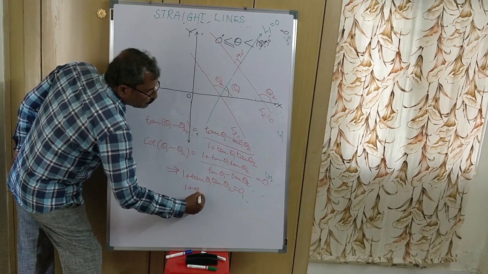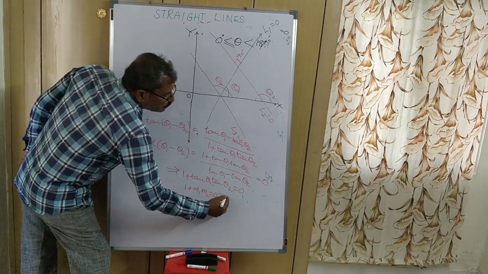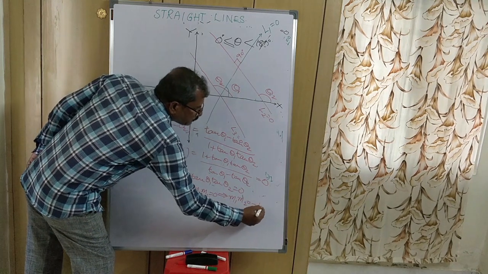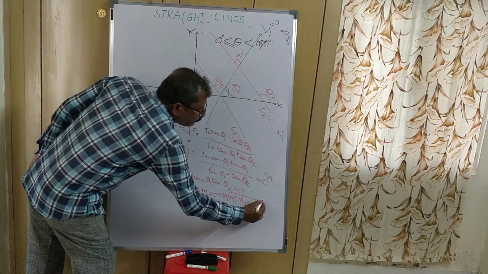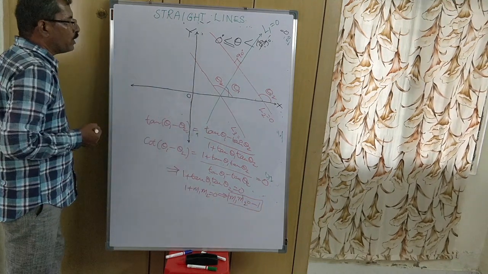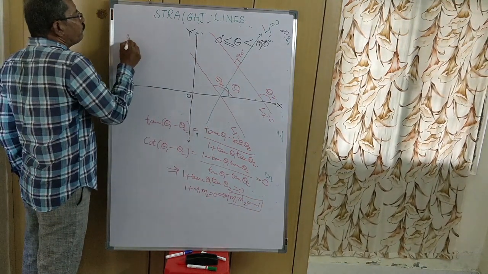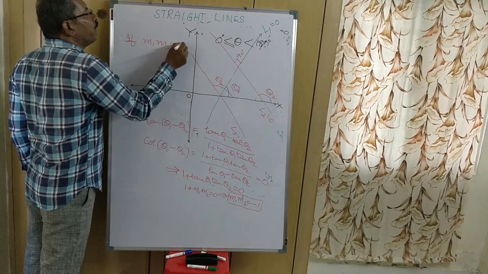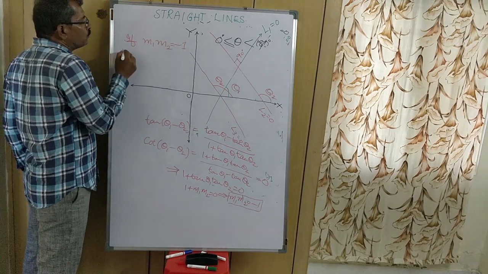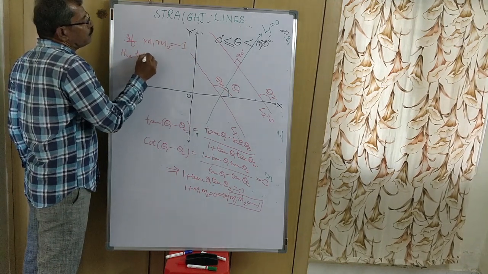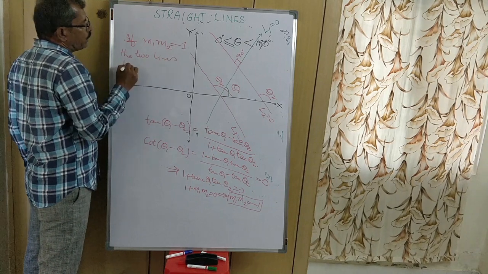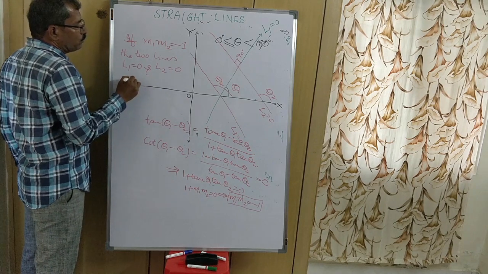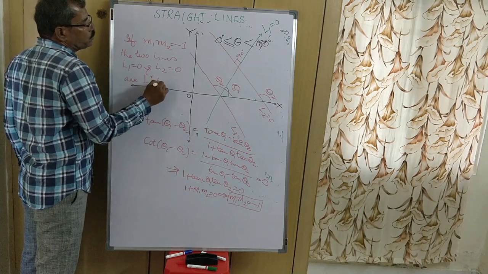This implies m1 into m2 is equal to minus 1, which is the condition for perpendicularity. If m1 into m2 is equal to minus 1, the two lines L1 is equal to 0 and L2 is equal to 0 are perpendicular to each other. Note this.